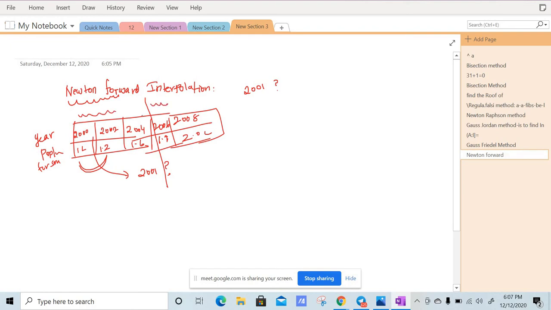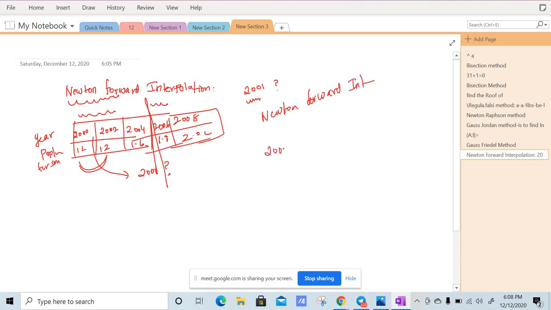You break this using the middle point. Here we have 5 sets of data, so you just take 3 as the middle term. So I've segregated the data into 2 parts, and they are asking for the population in 2001. Since it lies in the first part of the table, you use the Newton forward interpolation formula.